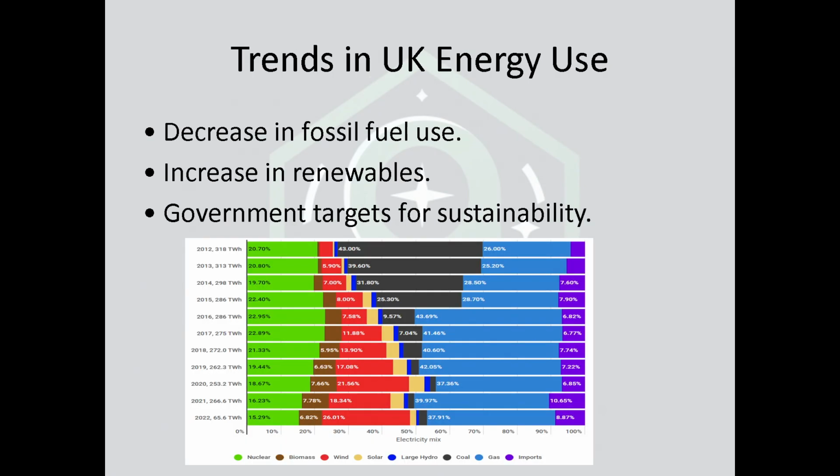So now there's also a brief subtopic in the AQA spec where they talk about trends in UK energy use. It's never really been assessed in great detail, but I think it's important to highlight this. Essentially in the UK, there's a trend away from fossil fuels and towards renewables, and the government has a target to cut emissions.